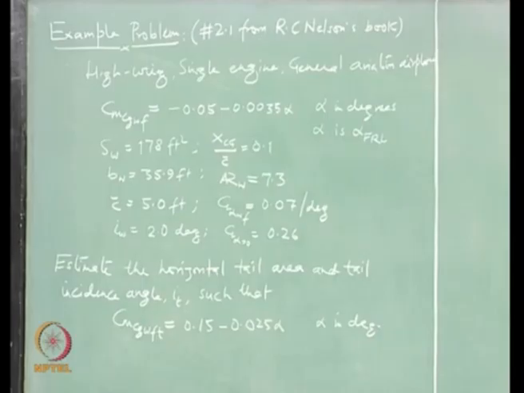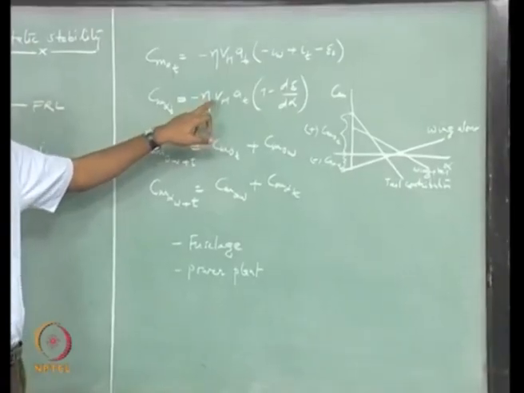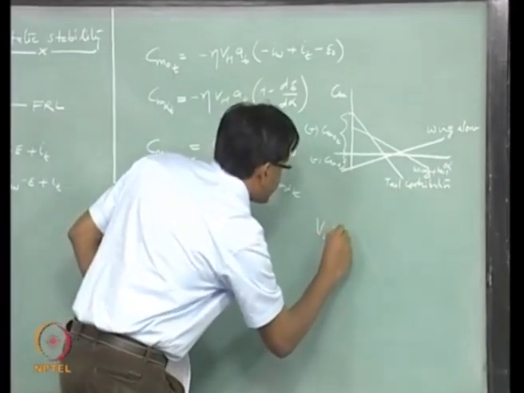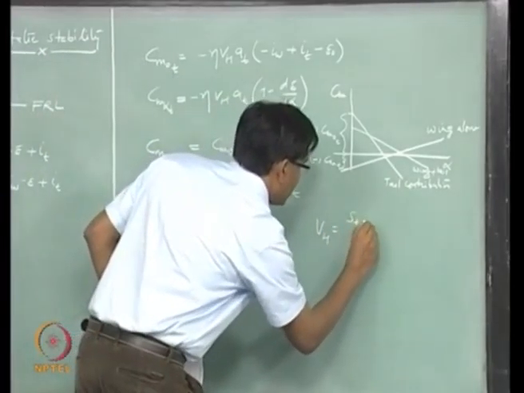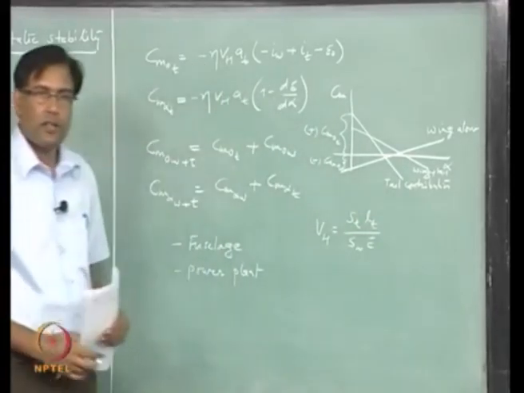Right. Now we have seen here we have to, or we can adjust the parameters in VH. VH is tail volume ratio, right.